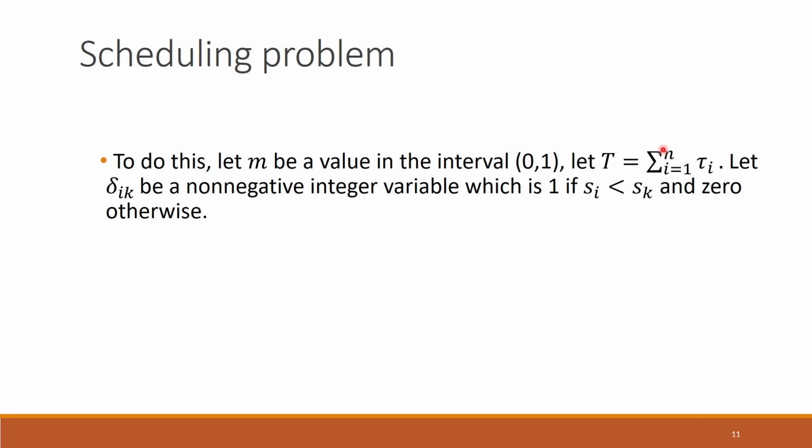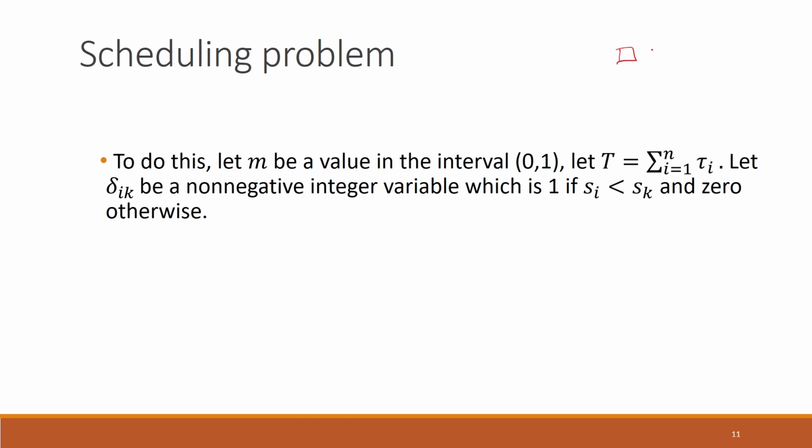So, what does this mean here? Capital T is that amount of time it will take to process all the jobs if you just had a single processor. If you execute all the jobs just one after the other on a single processor, capital T is that time. So, for example, let us just see an example here.